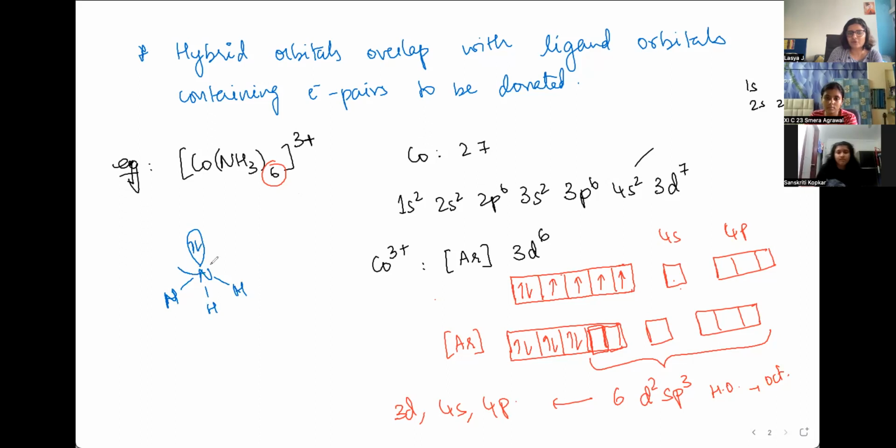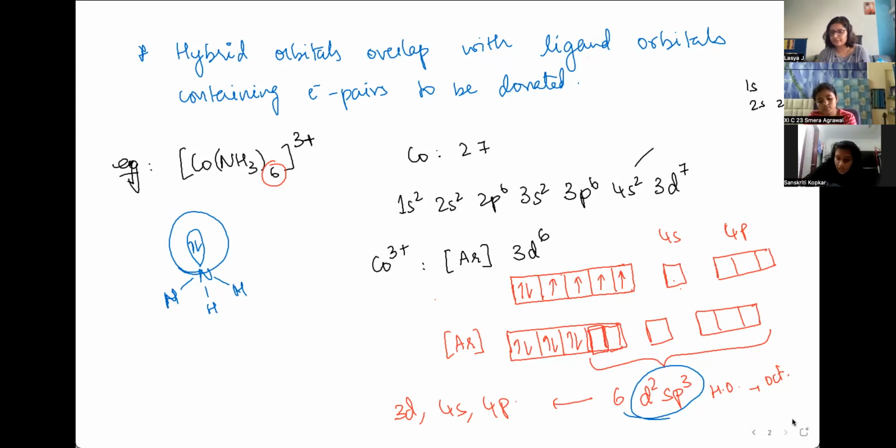So this orbital from ammonia will overlap, there's 6 of these, right? Each one will overlap with each of these hybrid orbitals to form your coordinate complex. Okay, so this is what valence bond theory states.